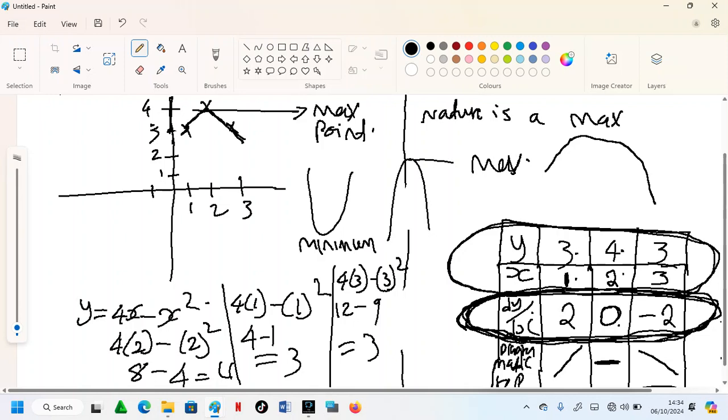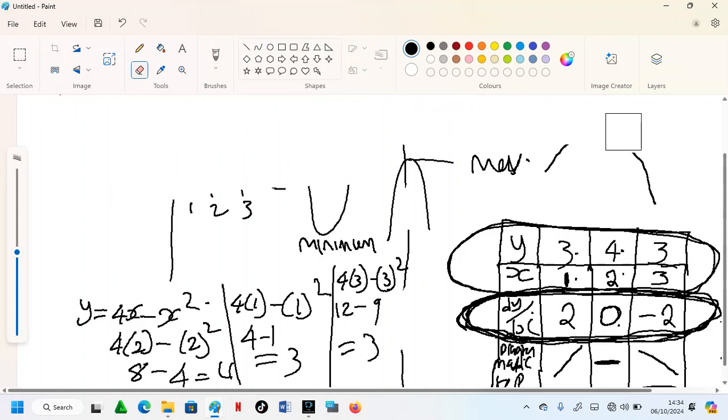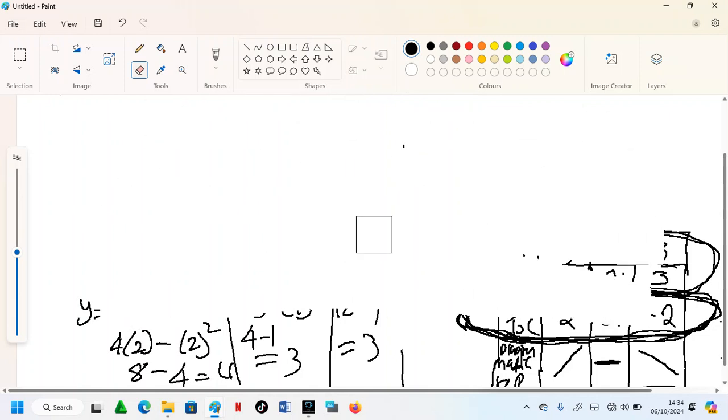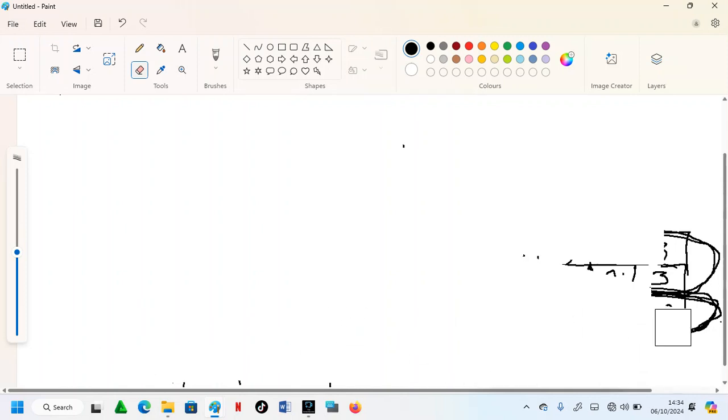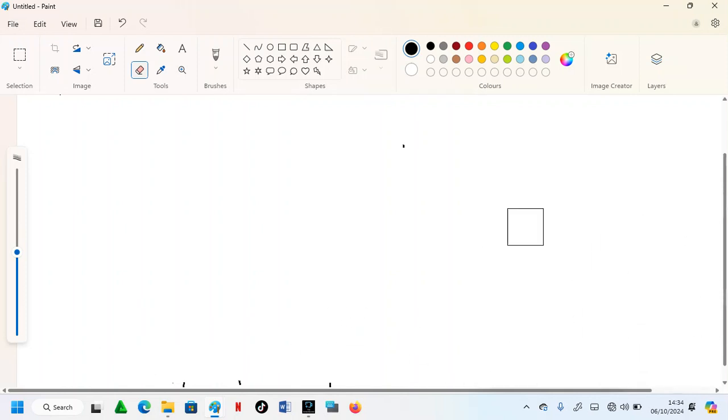Now I'm going to show you another method for finding the maximum and the minimum, to find the nature of stationary points. Method 2.